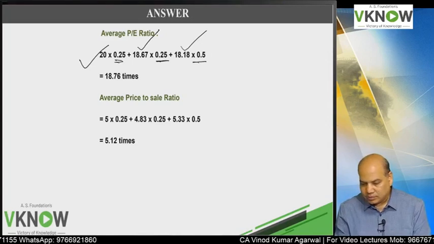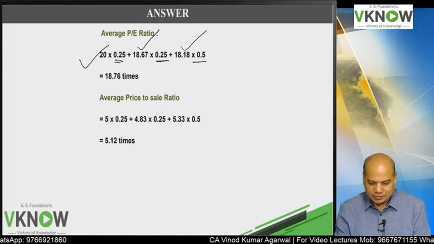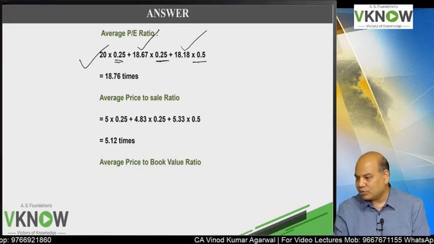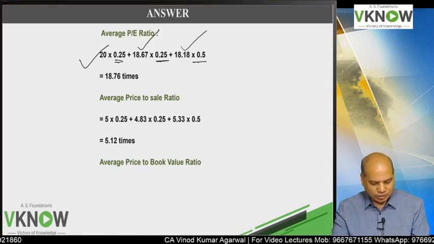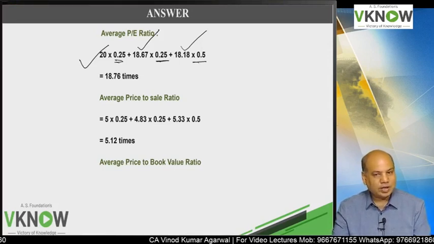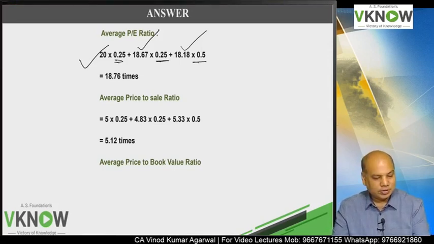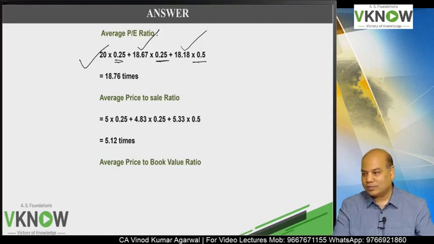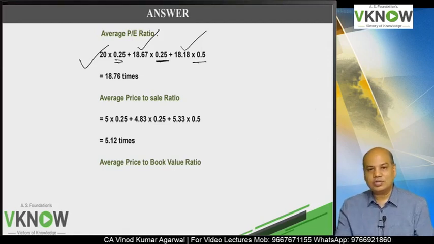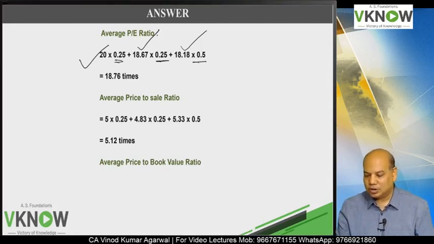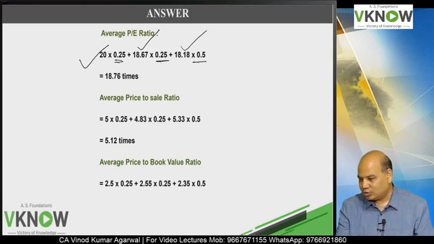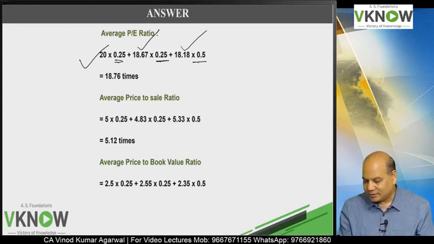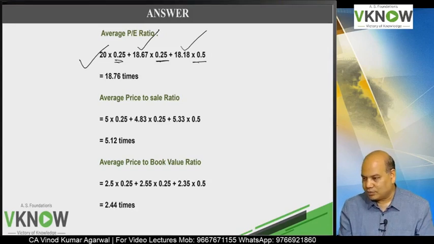The answer is given by a student, 5.12 times. Very good. Amazing. Now you try price to book value ratio. If you give a response, I will try to find more questions. But if the students don't answer, we don't have any motivation to teach. Then it becomes like a daily duty. So the answer is right, 2.44 times. Very good.